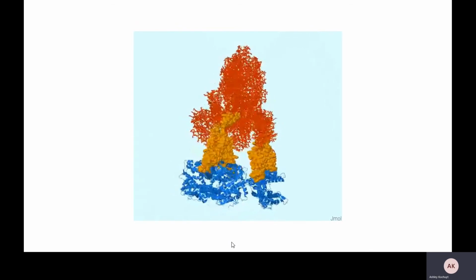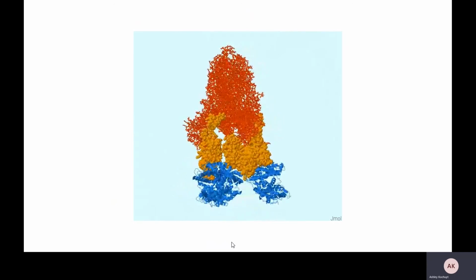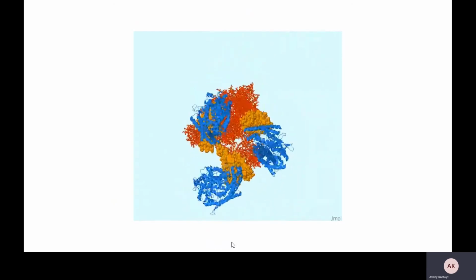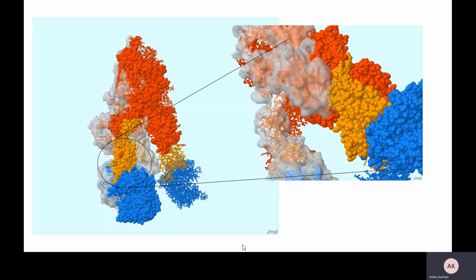We can see that the receptor binding domains are all in the open conformation. The glycoprotein attaches to 3 ACE2 to form crosslinks. As shown here, we can see how tightly the receptor binding domain is to the ACE2. The close proximity tells us that they are tightly bound together.